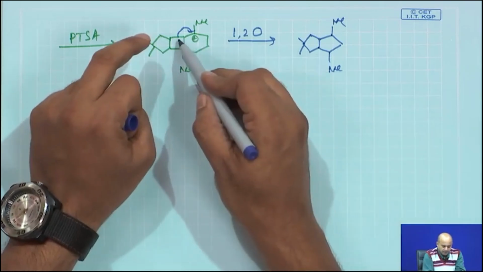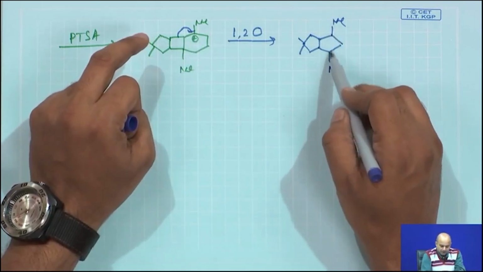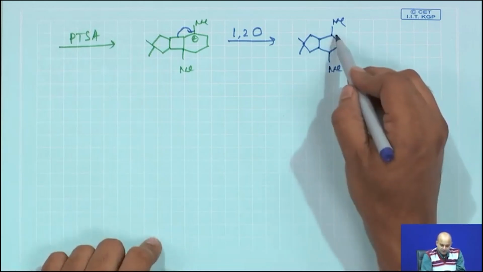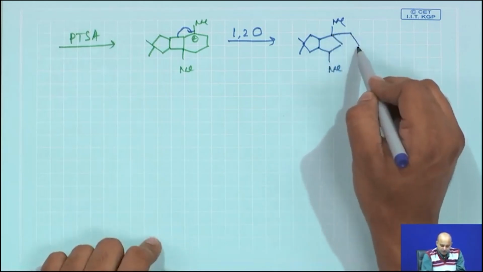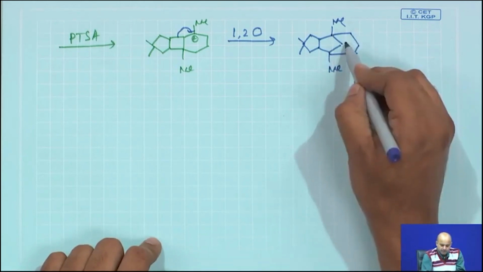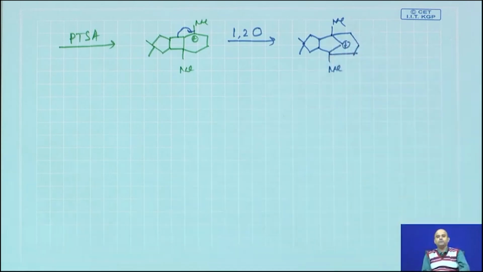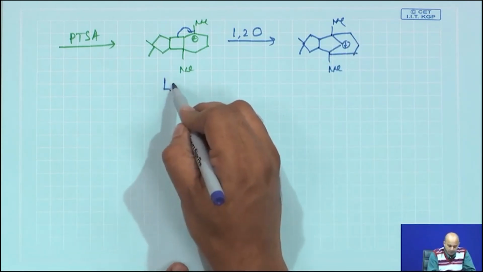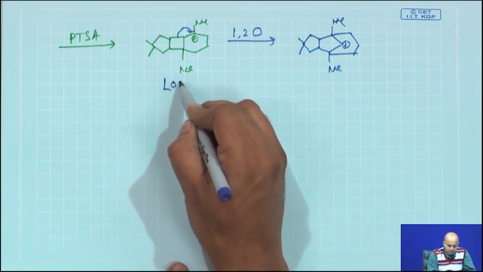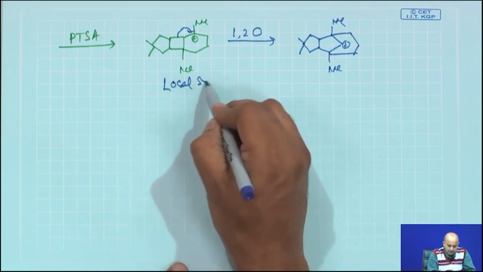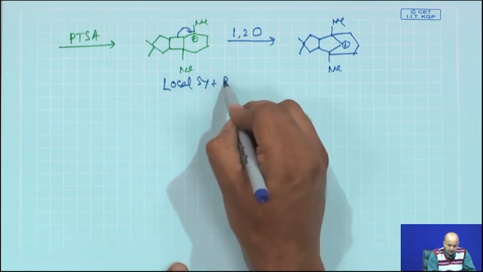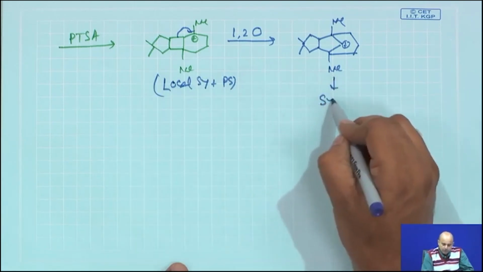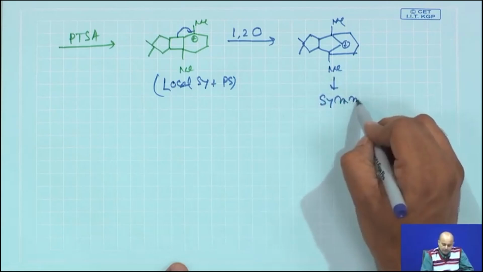Now, after this methyl migrates, these 2 methyls were in a kind of perfectly symmetrical orientation. The stereochemical part we did not consider. So, now if you see, this molecule becomes symmetrical. The molecule initially having local symmetry as well as pseudo symmetry is now converting to a perfectly symmetrical intermediate.